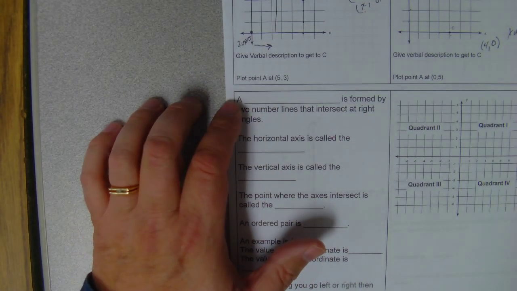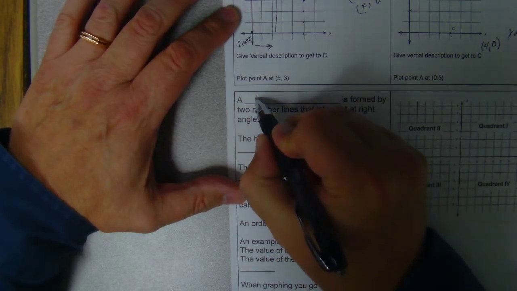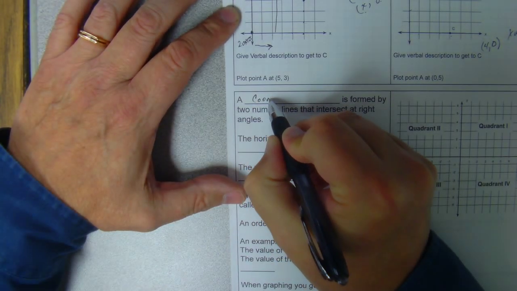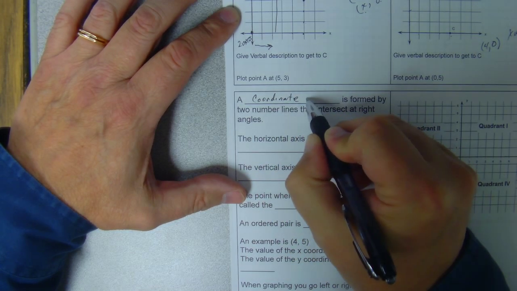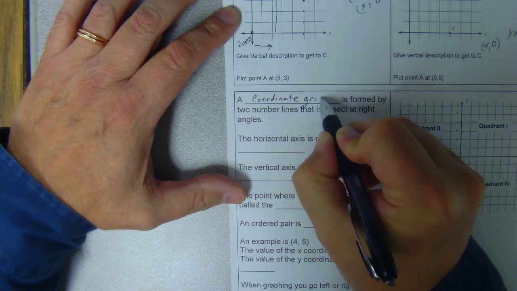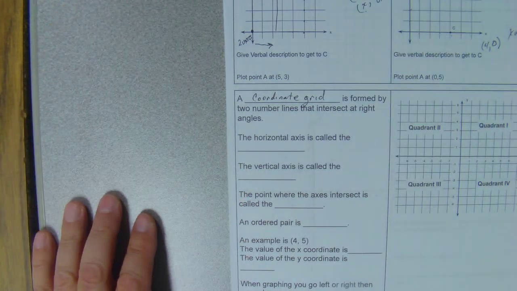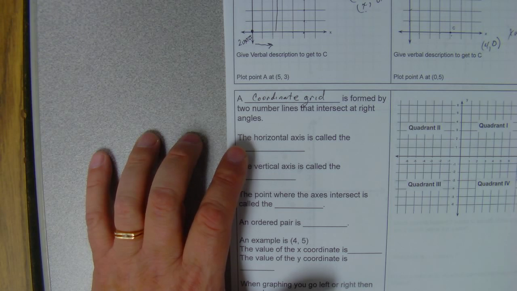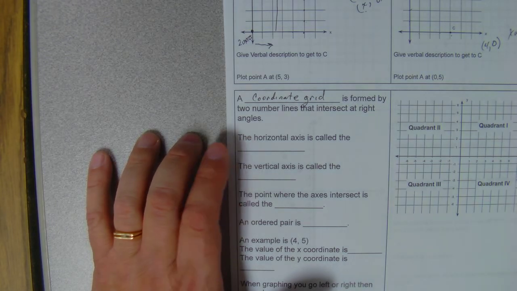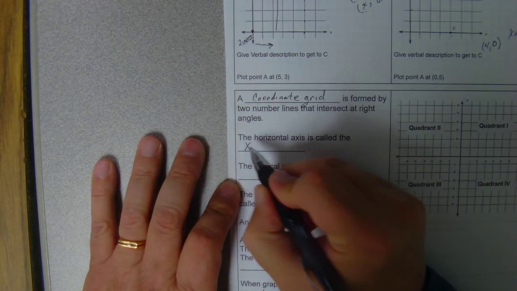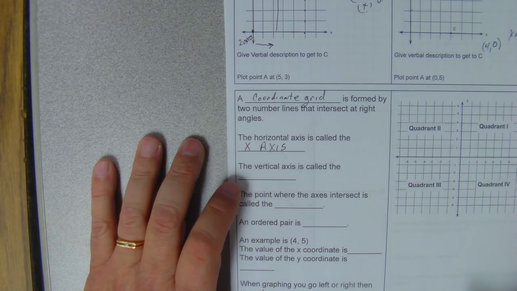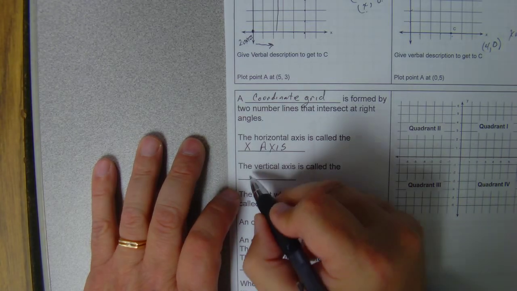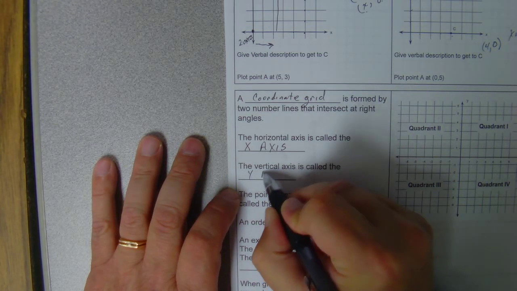Alright, the answer to this is coordinate grid. A coordinate grid is formed by 2 number lines that intersect at right angles. The horizontal axis is called the x-axis, while the vertical, the up and down, is called the y-axis.